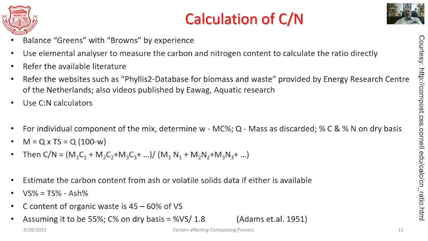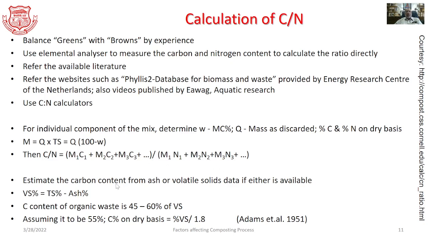Also, the ultimate analysis helps to work out the percentage C and percentage N, as we discussed about the physical and chemical characterization initially. This individual mass can be worked out by having the mass discarded multiplied by 100 minus W, where W is the moisture content. So C by N can be worked out as M1C1 plus M2C2 plus M3C3 etc. divided by M1N1 plus M2N2 etc.